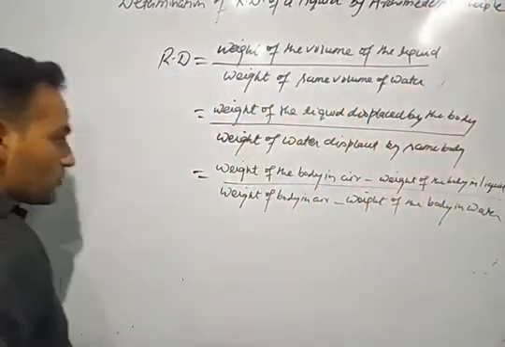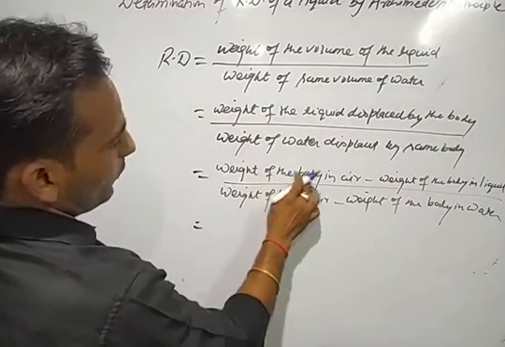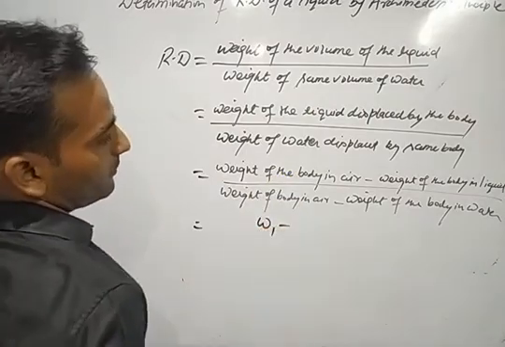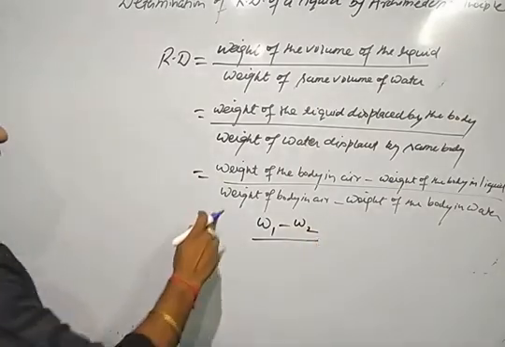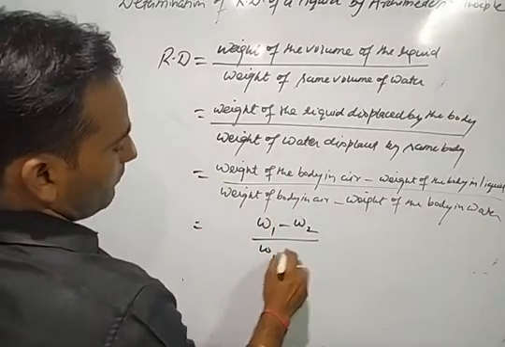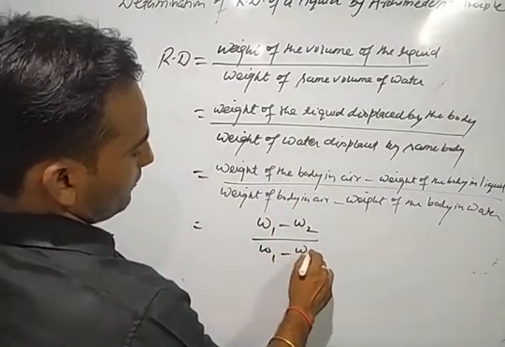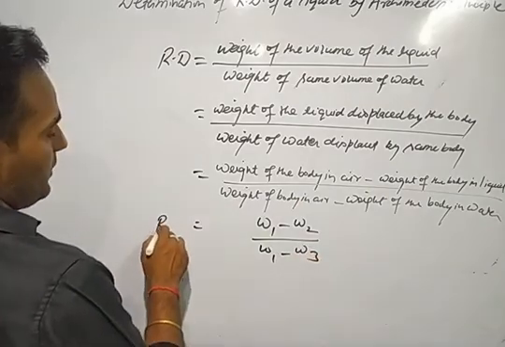Yes. So we can write weight of the body in air means W1, weight of the body in liquid is W2, weight of the body in air W1 minus weight of the body in water is W3. So this is relative density also.